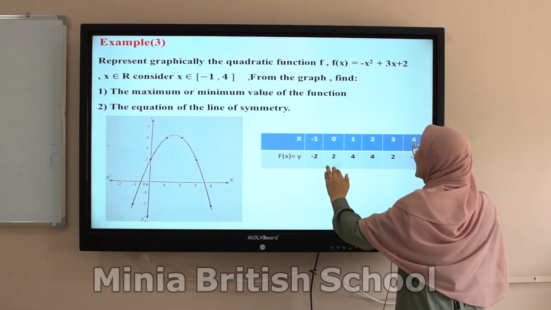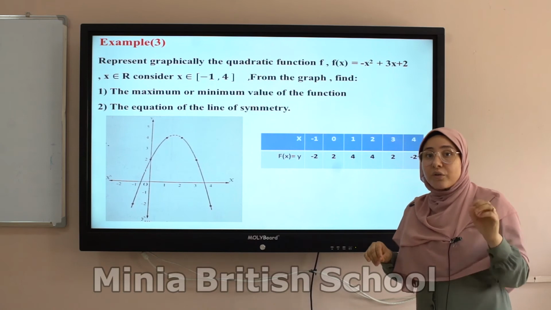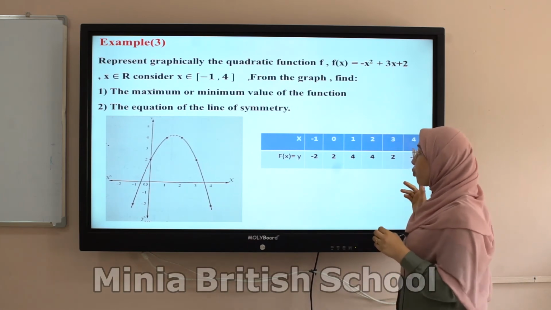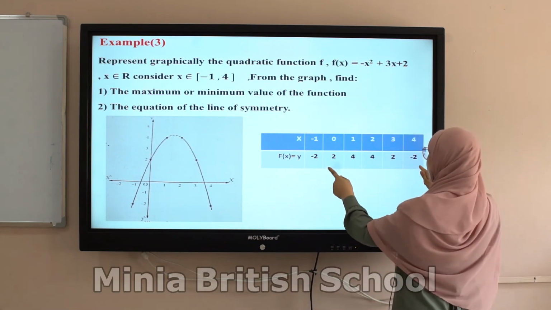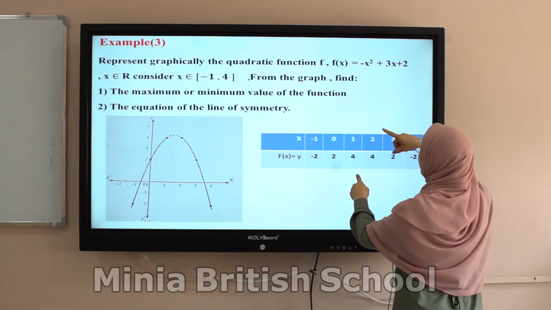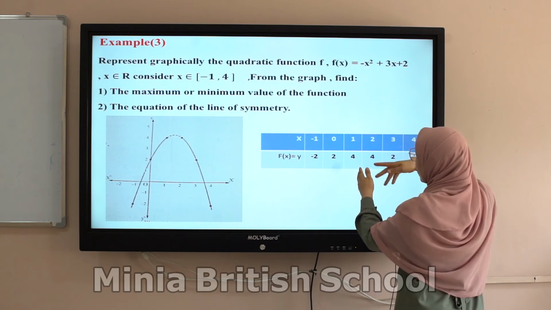Here I have 6 ordered pairs. The vertex of the curve is not among these points: -2, -2, 2, 2, 4, 4. I don't have a middle ordered pair here.